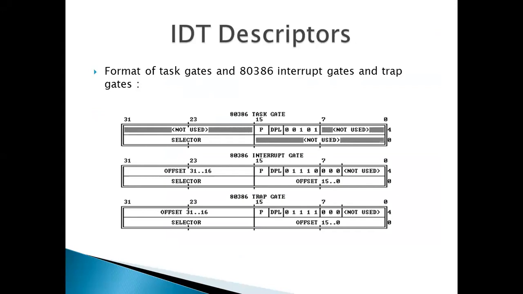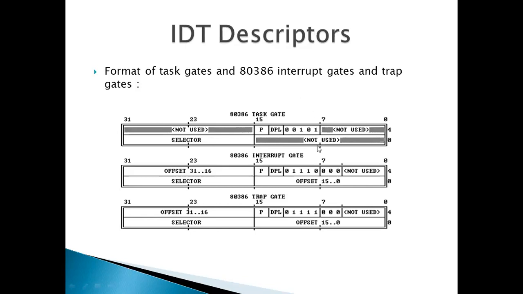The format for these is in the form of task gate, interrupt gate and trap gate respectively. For the task gate, if we refer to this, the values change, and we can identify these differences from the type bit, right?